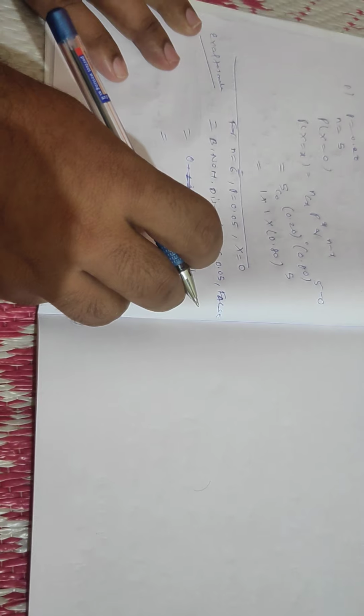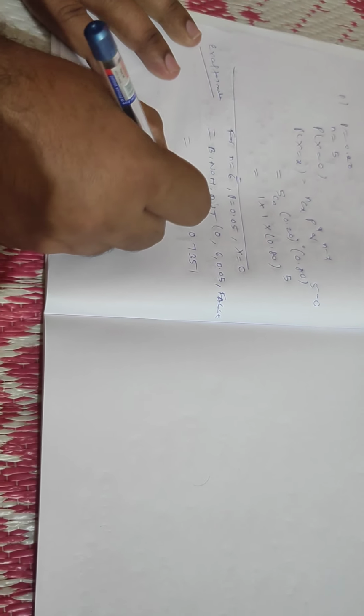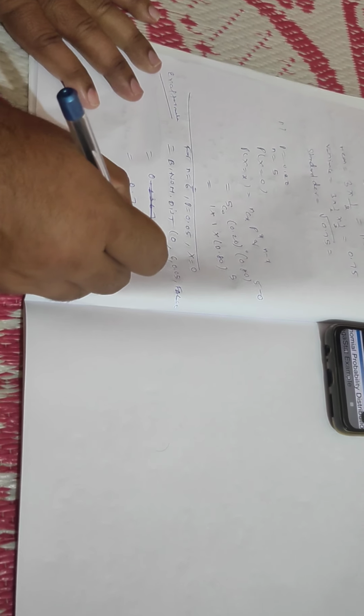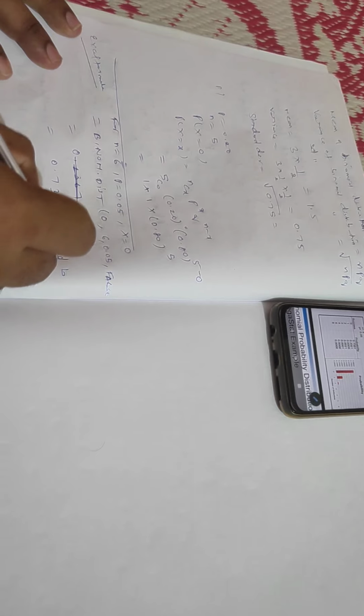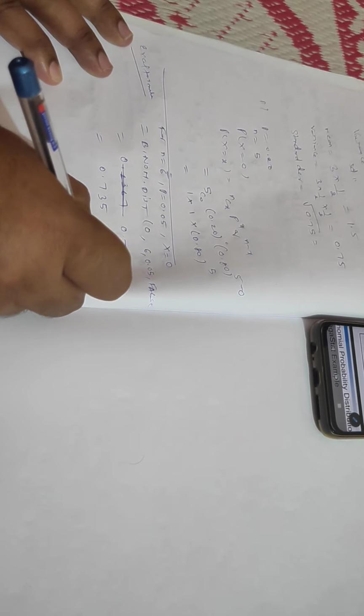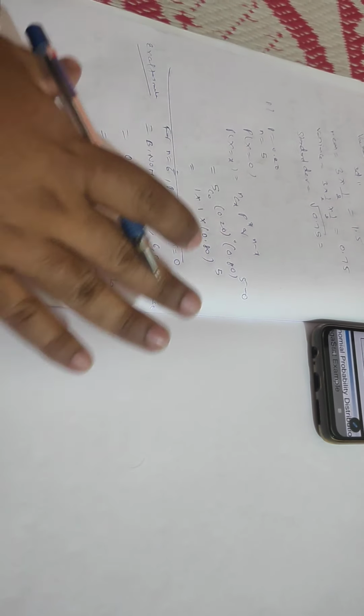This is 4 decimals. If they ask you to round to 3 decimals, it is 0.735. They will specify to how many decimals it has to be rounded. Okay. So this completes your binomial distribution and discrete probability distribution.